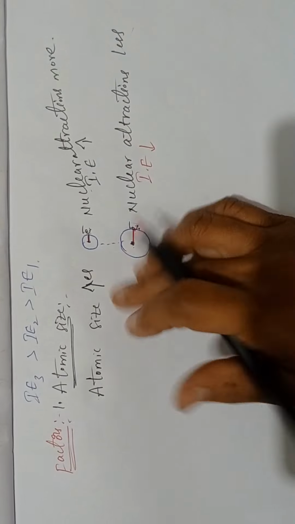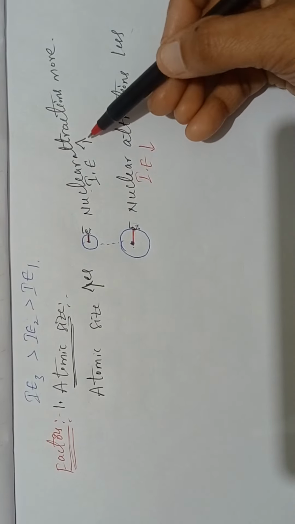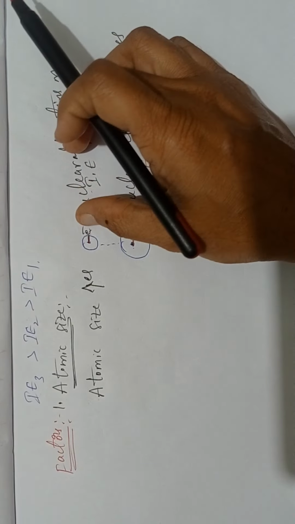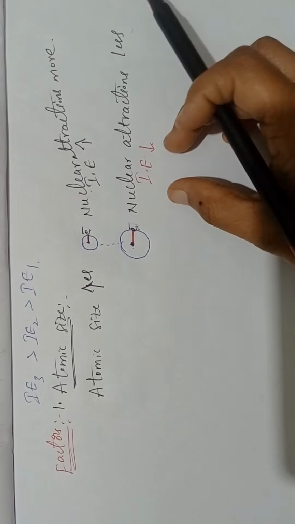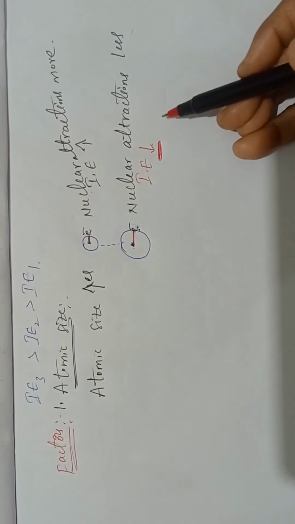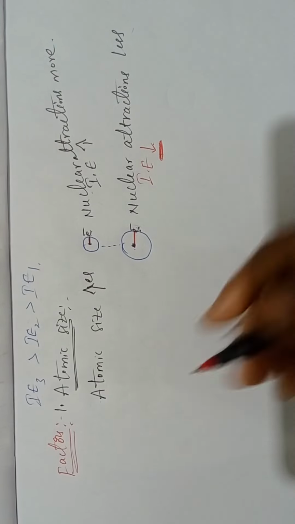So as the atomic size increases, students, what about ionization energy? It is more here and less here. So from here to here, ionization energy decreases, students. Are you clear? As the atomic size increases, ionization energy decreases.